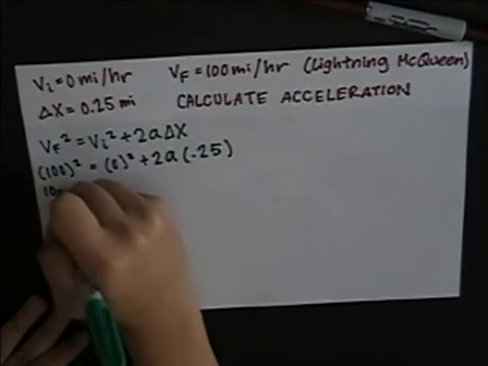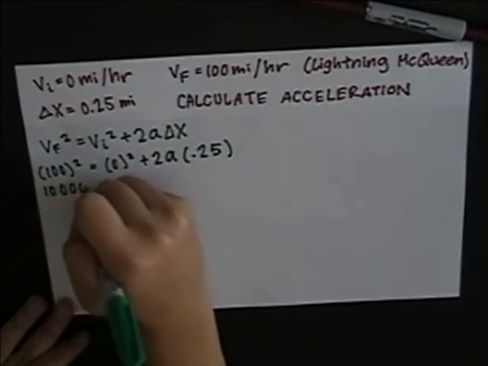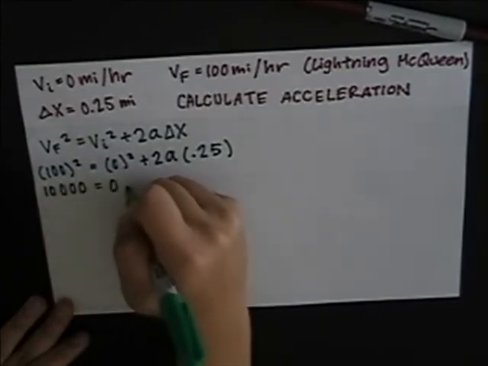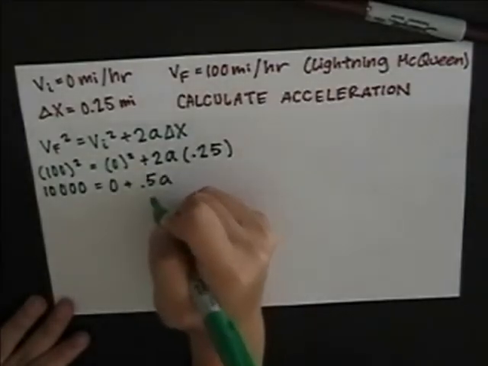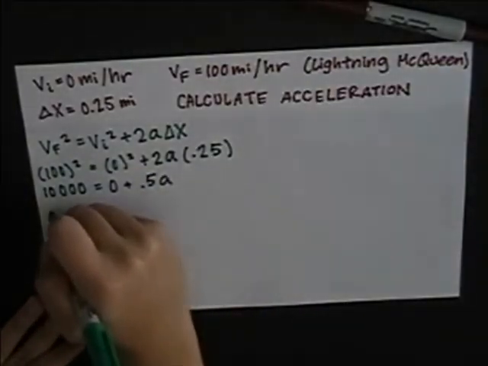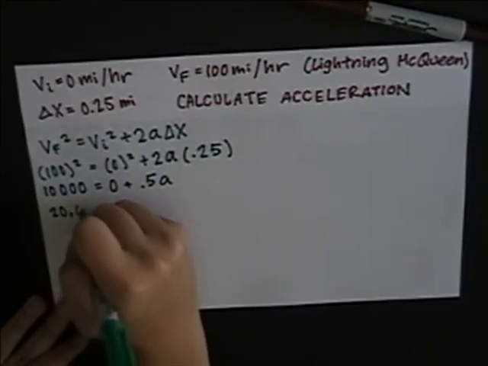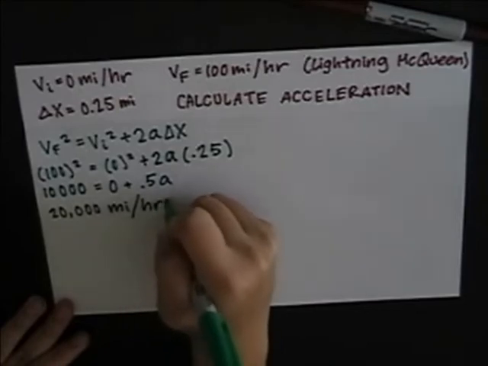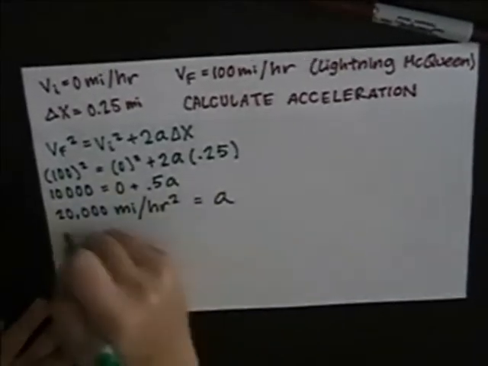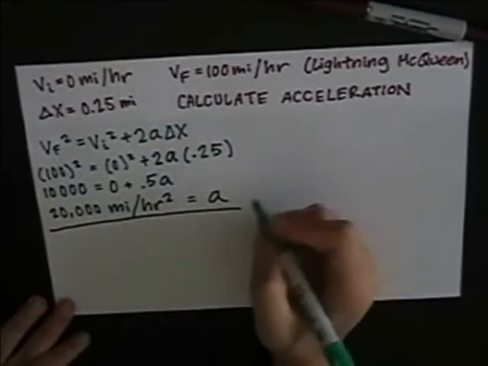Now simplify the equation so that 10,000 equals 0 plus 0.5 times acceleration. Divide out the 0.5 and the acceleration of the car is 20,000 miles per hour squared. Wow, that's fast!